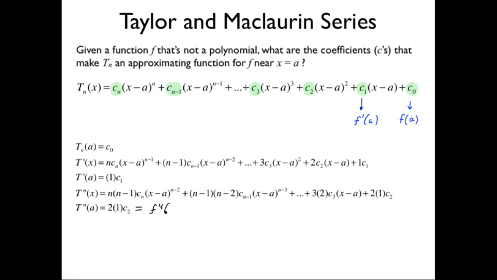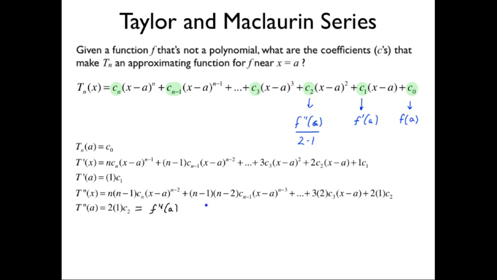That's what I want. So what does that make c2? What should c2 be so that I get the right second derivative at a? What does c2 need to be? f double prime of a over 2 times 1, right? So I'm going to make c2 f double prime of a over 2 times 1.